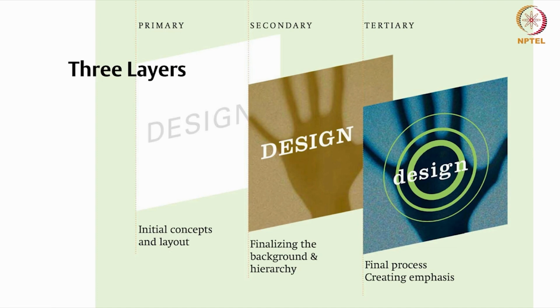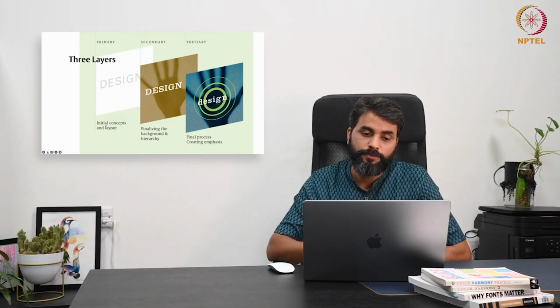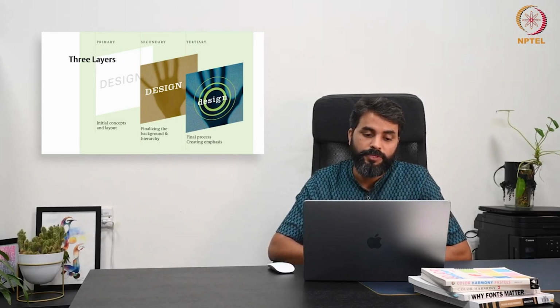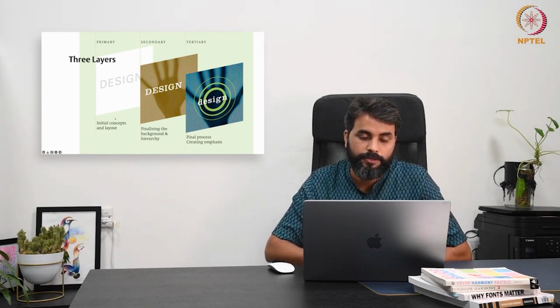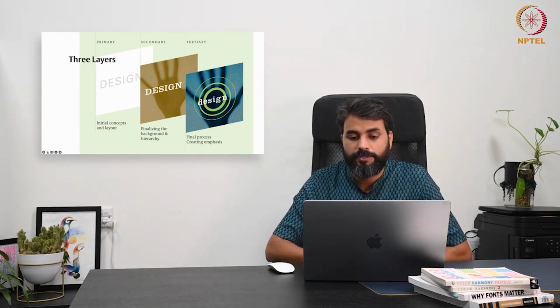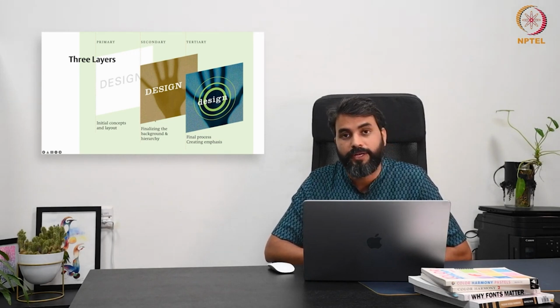The first layer, which is primary, talks about initial concept and layout. Once you have got everything in place, you come up with your initial concepts and layout and create a very rough design. The second stage is finalizing the background and hierarchy.